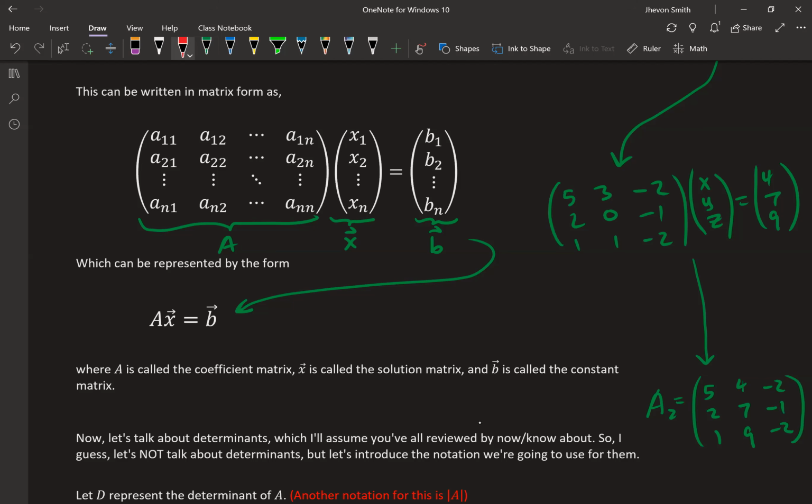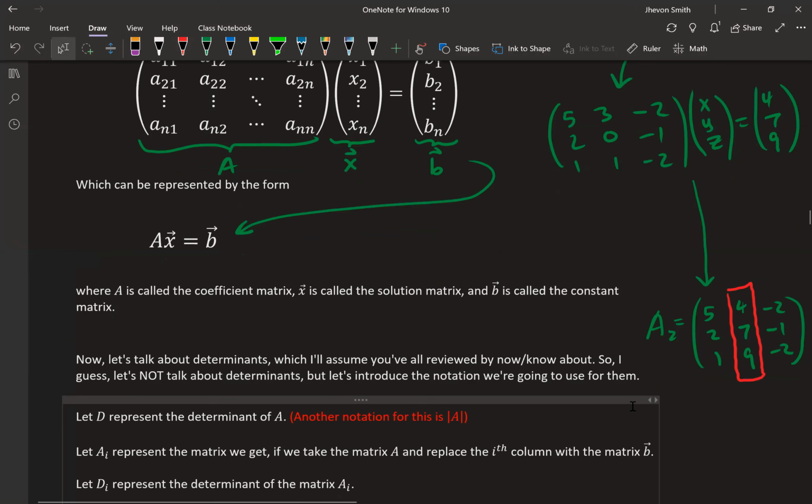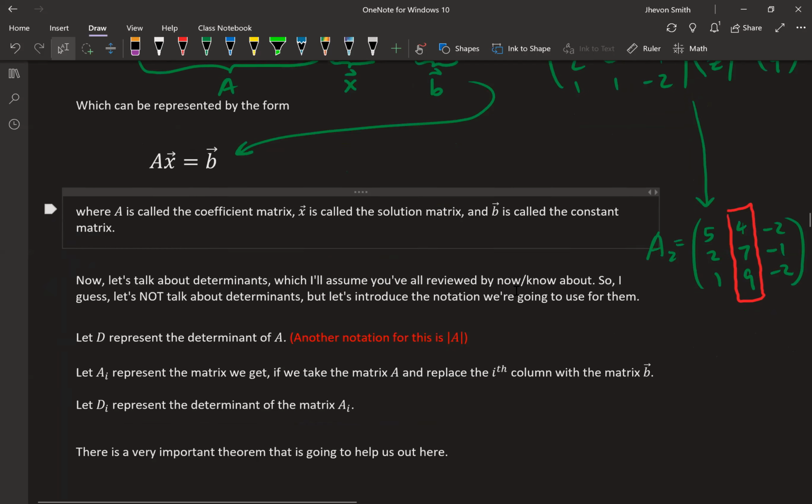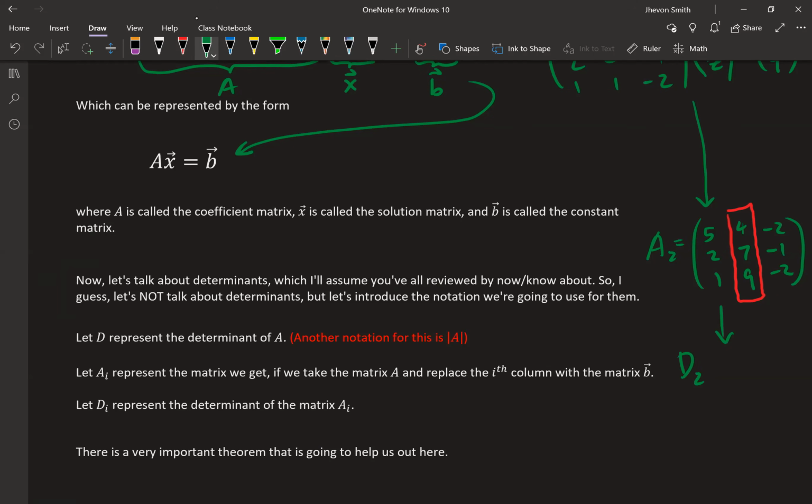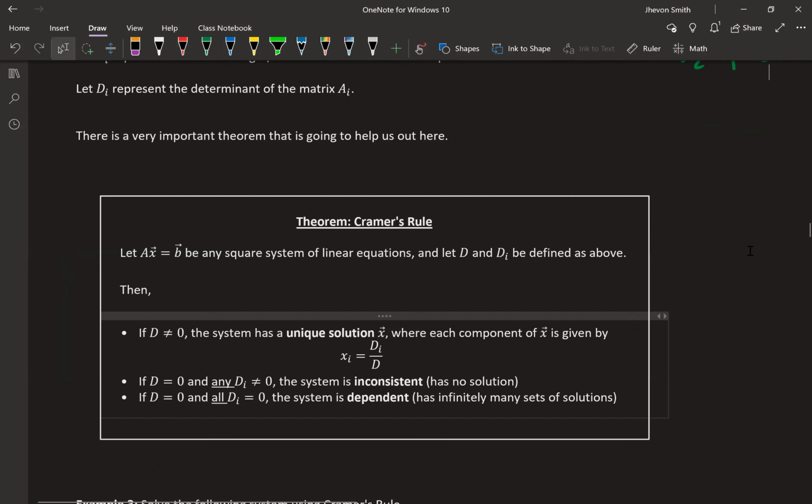So I take the constant matrix and I put it as a column in the matrix. This guy is what I would define as A2. Now, D_i is the determinant of that. So I would also say something like D2 is just the determinant of A2. Okay, so I'm just introducing notation to be able to state a very important theorem called Cramer's rule.